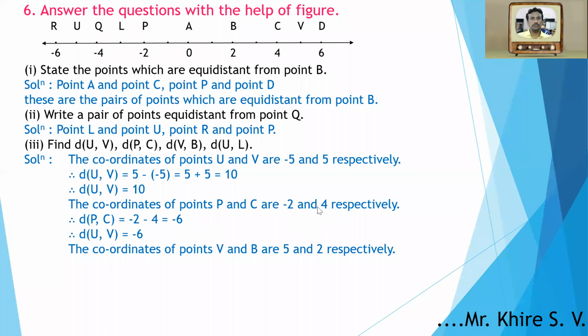Here it is 4 minus -2. In this example PC, 4 minus -2, 4 plus 2 is 6.